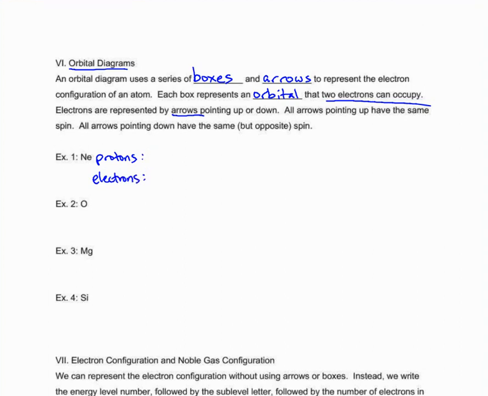Remember, in this unit, we are only talking about neutral charge atoms. Neutral charge means that we have equal numbers of protons and electrons.